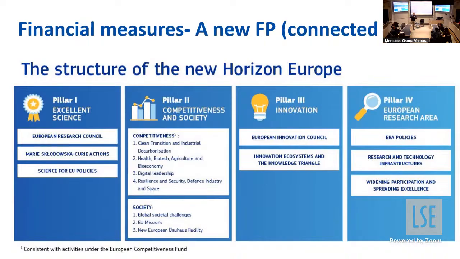Basically, it will be very closely linked to extra funding that would take the research outputs from the framework program and actually help them develop, implement and scale the results from those areas. And that's what you see there under the competitiveness link of Pillar 2.